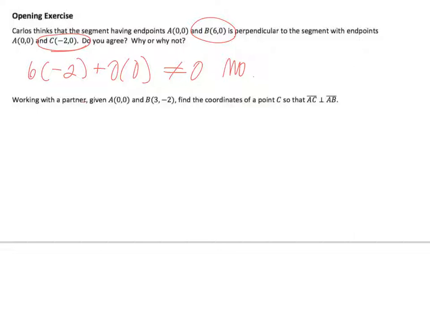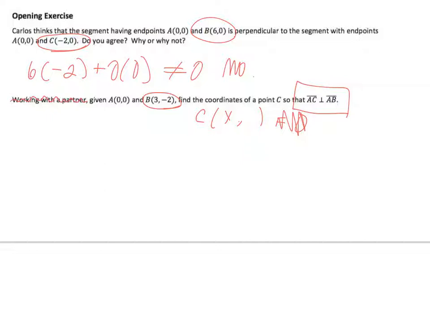So working with a partner, by your lonesome, given A is 0, 0, and B is 3, negative 2, find the coordinates of C so that AC is perpendicular to AB. So basically we need B times C, which we'll just say is XY, using that formula, is going to be equal to 0, right?